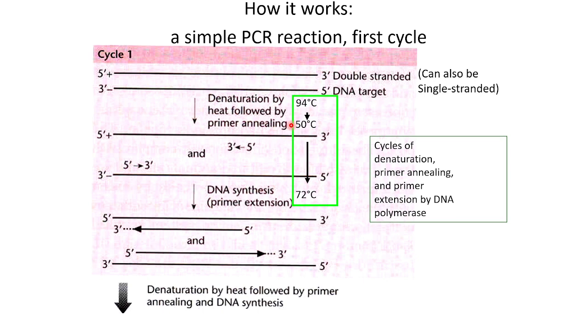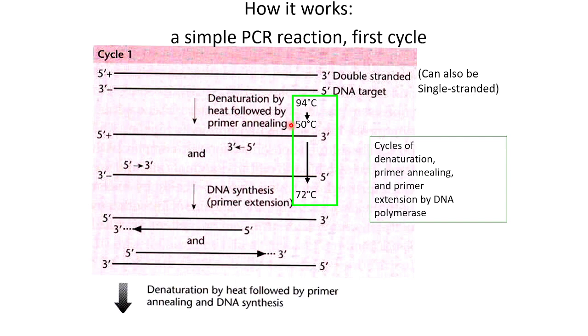Say it is around 25 micrograms per microliter, or maybe around 20 micromolar or something like that. Then you add 2 microliters of it to make it around 50 nanograms.